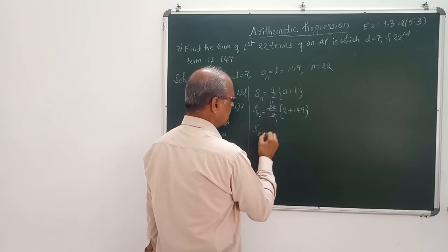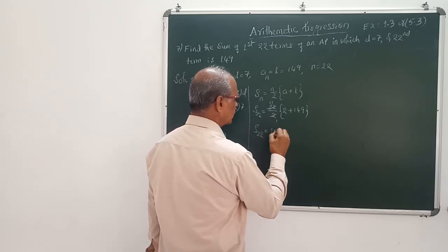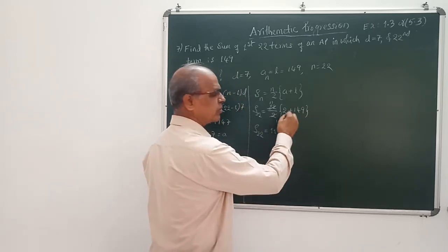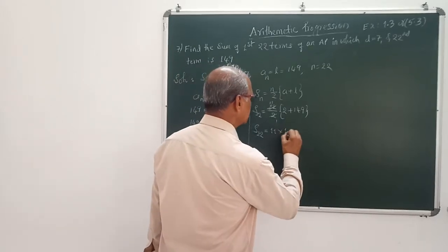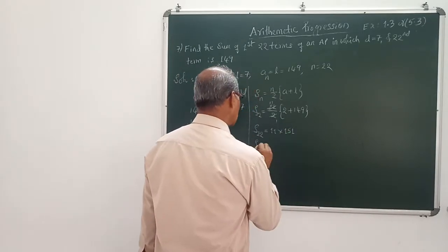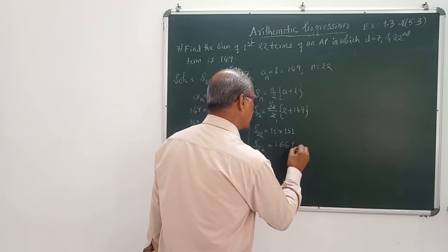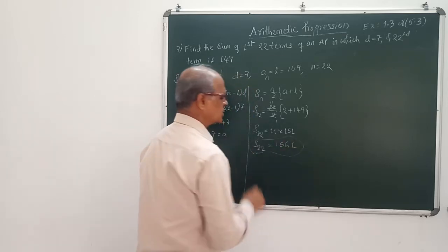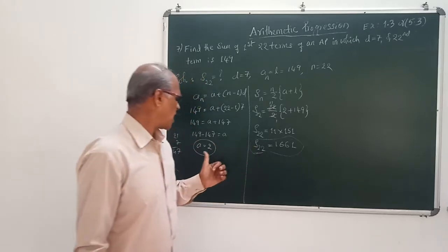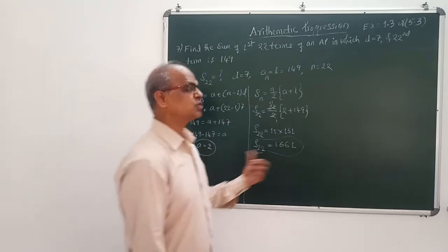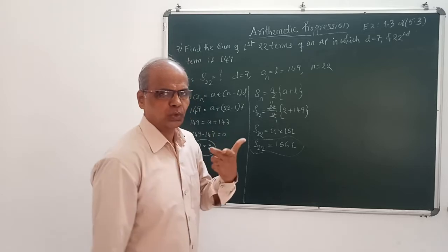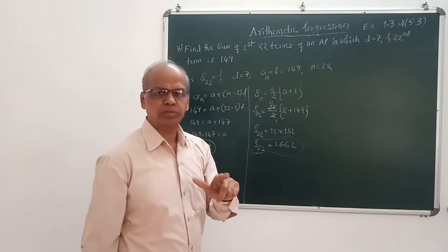That means S22 is equal to 11 into (149 plus 2 is 151). So 151. So S22 is equal to 1661. This is your sum up to S22 and A value is 2. So these two are your answer. Understood? Now I will go for 8th main.